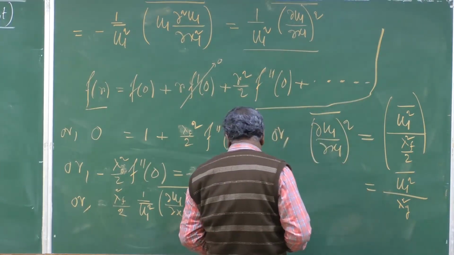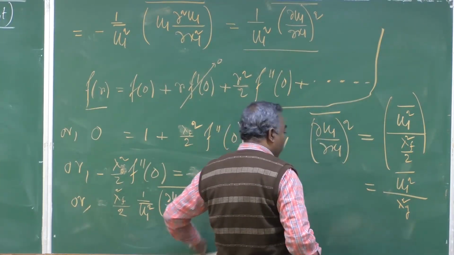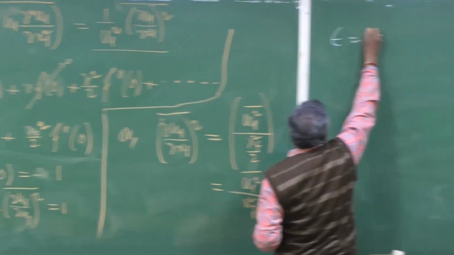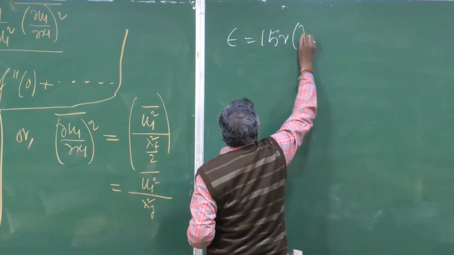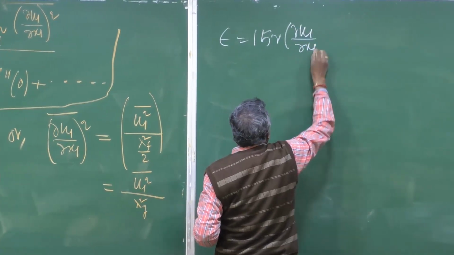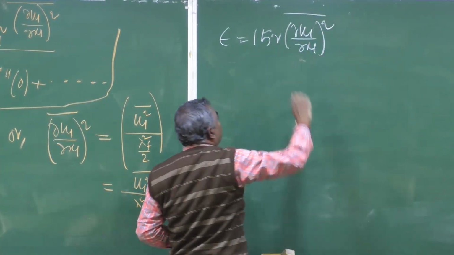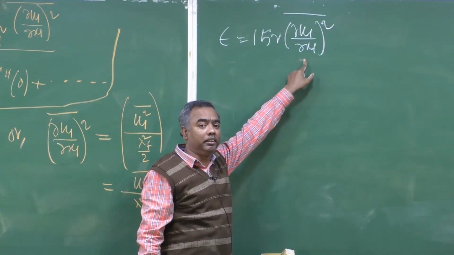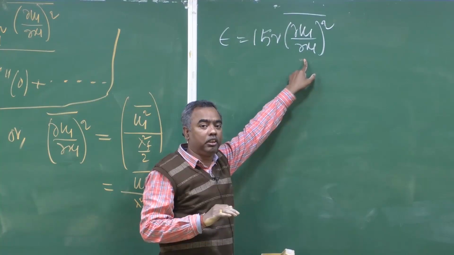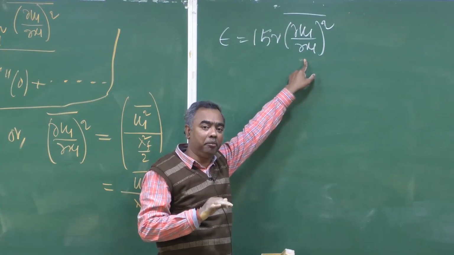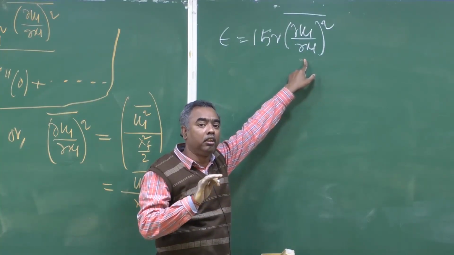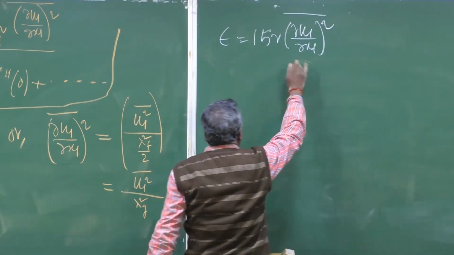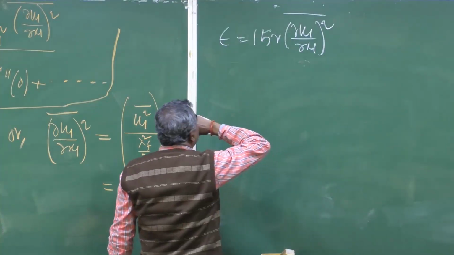What we started with, if you can remember: for the isotropic case, epsilon can be written as 15 nu del u1 del x1 square. This quantity comes from the algebra of epsilon ij bar. Just like a bookkeeping, the derivation of this quantity is available in the turbulence book by Hinze; one can go there and check for the detailed derivation.